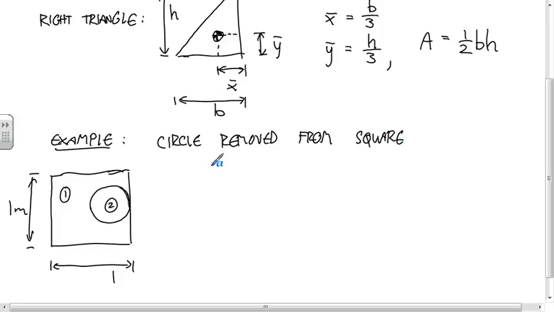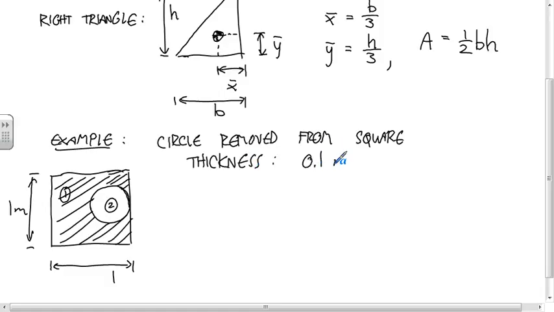And if you say that the thickness over the whole shape, so the shaded region is the material region, and there's this hole in it. And let's say that the thickness through the whole thing is 0.1 meters. And the density of this material is 5,000 kilograms per meter cubed.